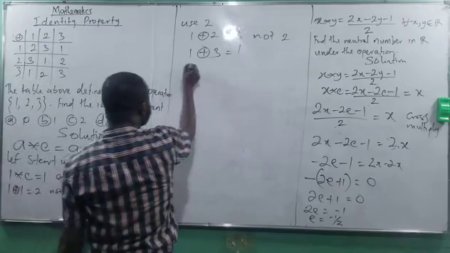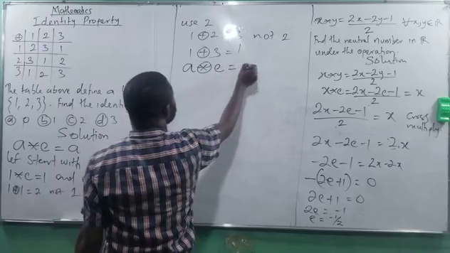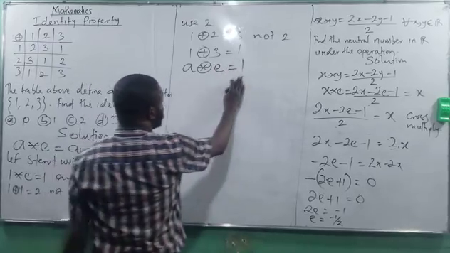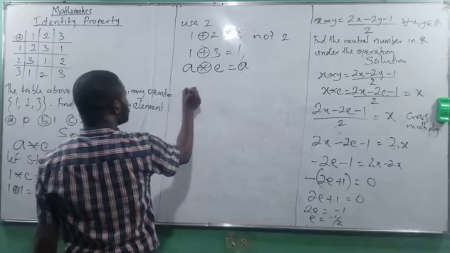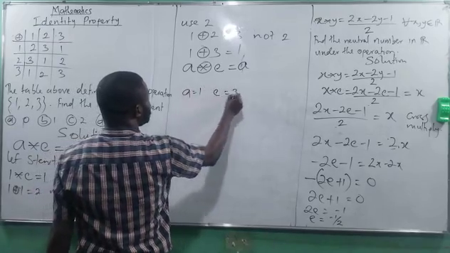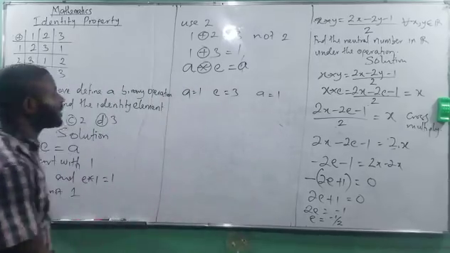And mind you, I said that A operates with E equals A, equals E. It means A is 1, E is 3, and A on the other side is 1. Now, what am I trying to say?